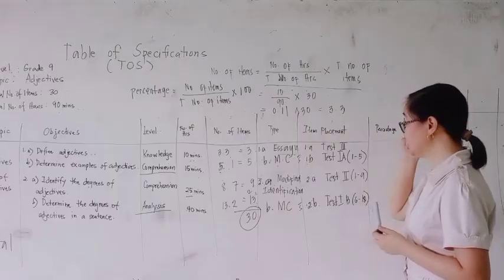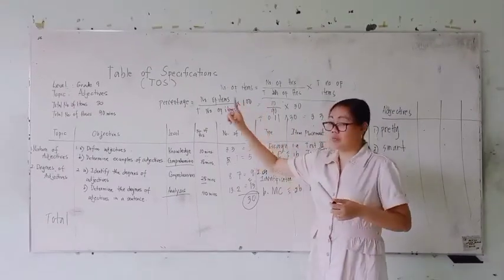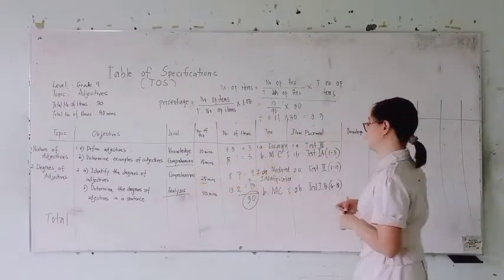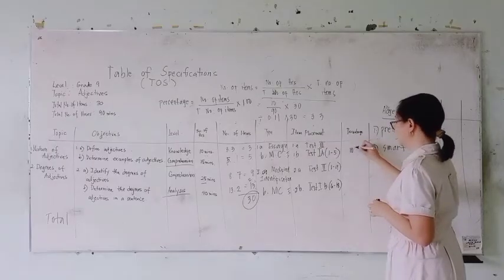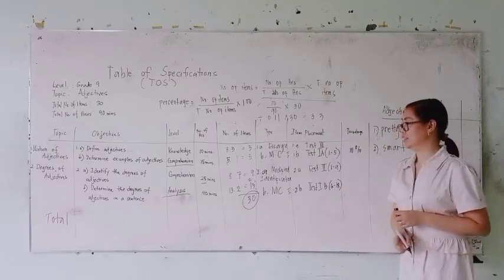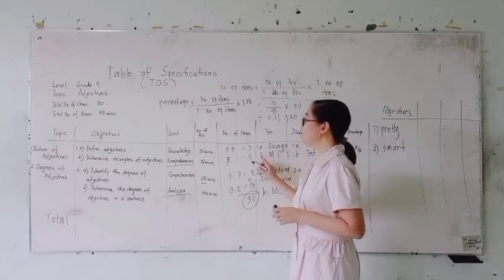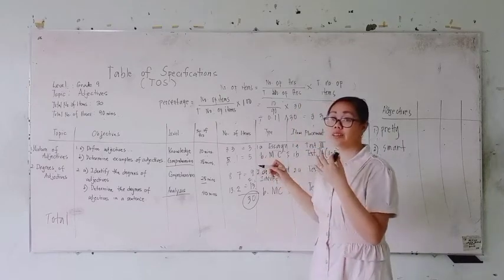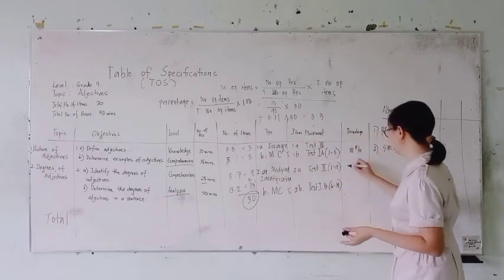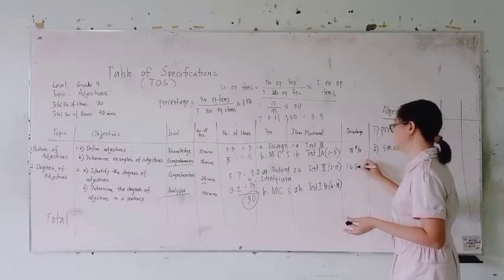So it's as easy as 3 divided by 30 times 100 equals 10%. Okay? 5 divided by 30 equals 16.66%.